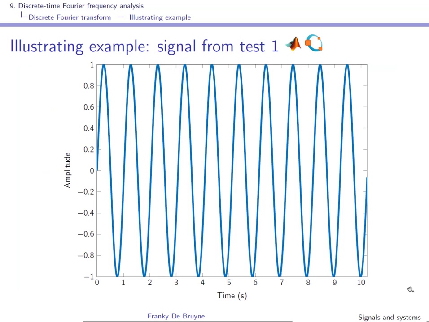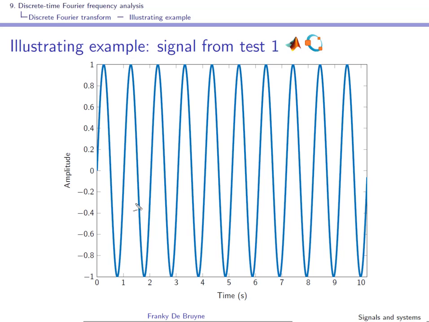This is the signal from test 1. This is a signal that we've seen before, and it has been constructed in such a way that the signal starts from 0, and the last sample is such that the next one would be this sample that corresponds to 0. Remember that in the background, when you compute the DFT, the assumption is that the signal you're analyzing will be repeating itself.